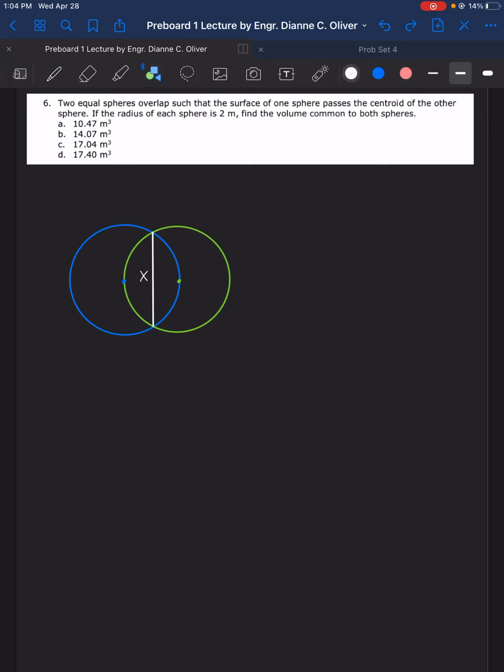we draw it here. Then the height of this: if the radius of the sphere is 2 meters, so if this is 2 meters here, therefore this one here is 1 meter.